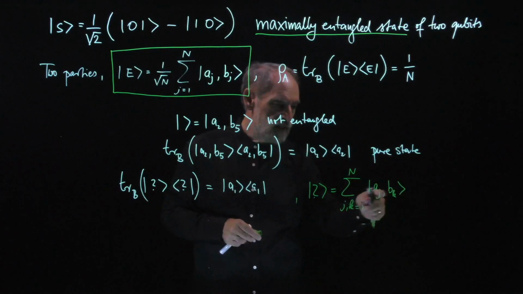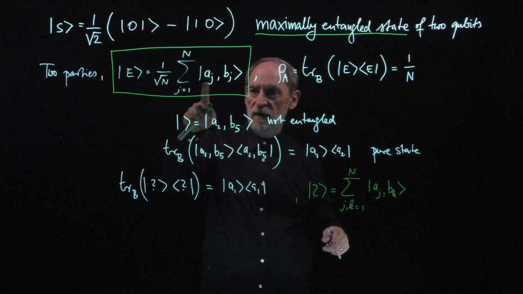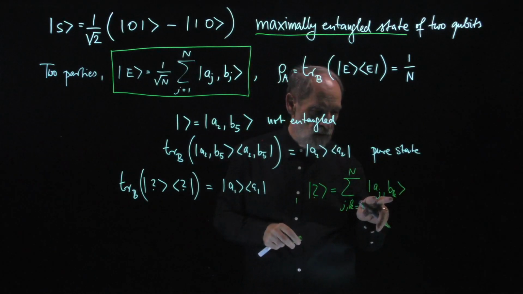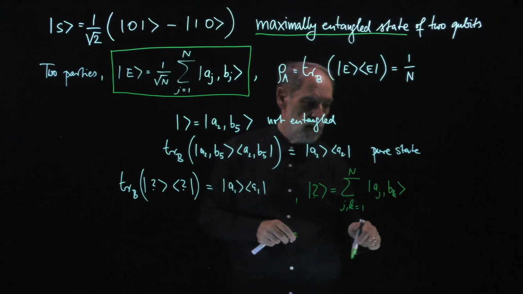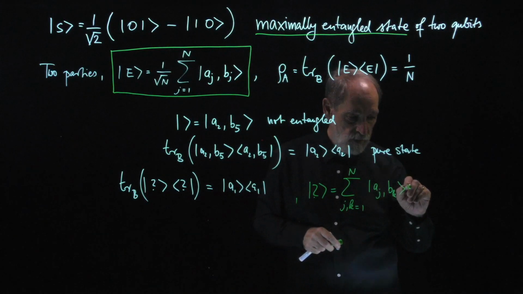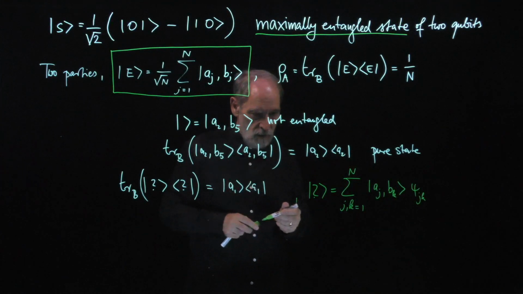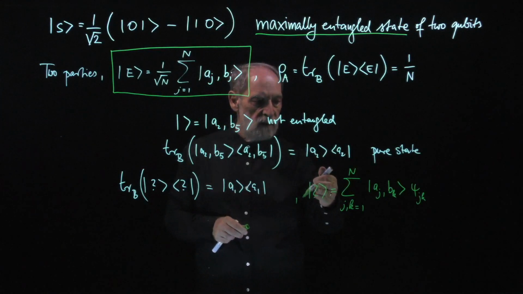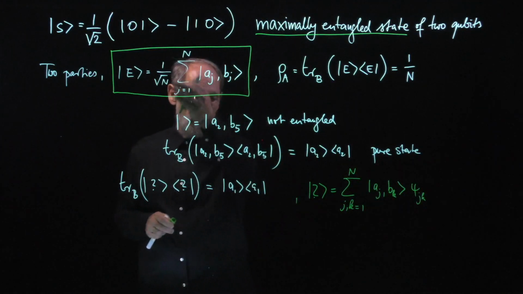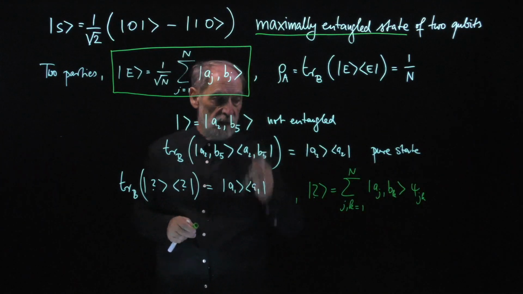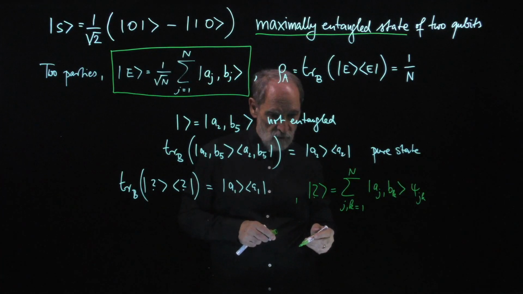So all n squared combinations, not just the n combinations that appear here, but all n squared combinations of this kind. And then there will be coefficients psi jk. Well, so this is the most general two-party ket that I can make in this situation.